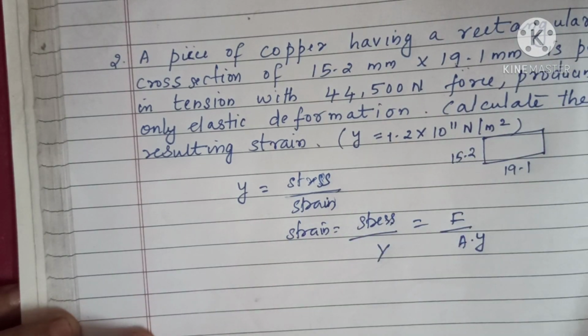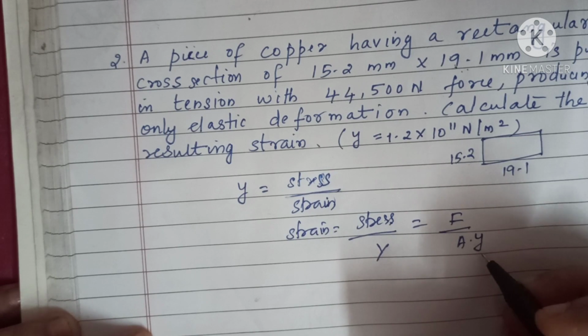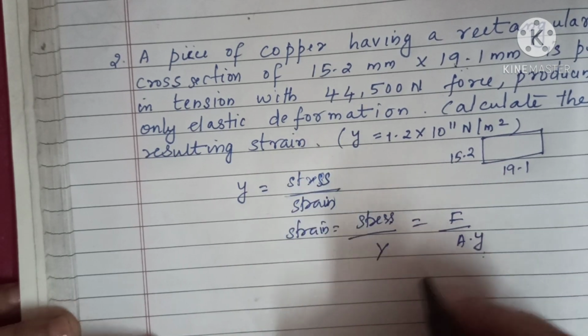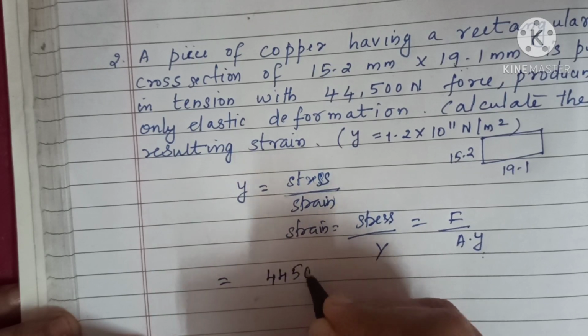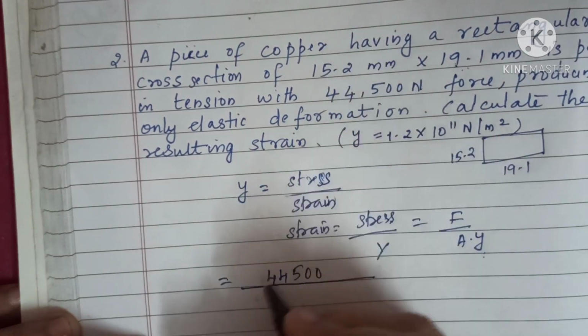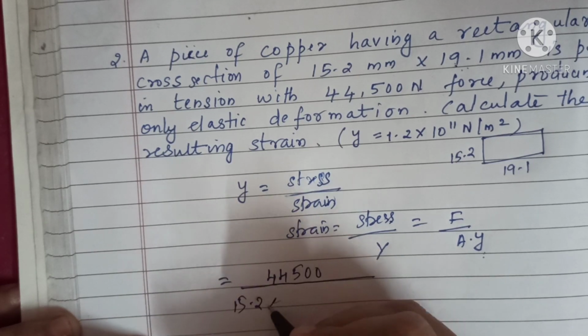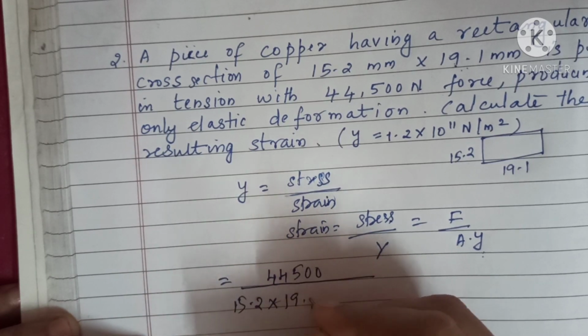Now you can substitute because force is given, Young's modulus is given, area is given. So directly you can substitute, that is 44,500 divided by, what is area? 15.2 into 19.1.